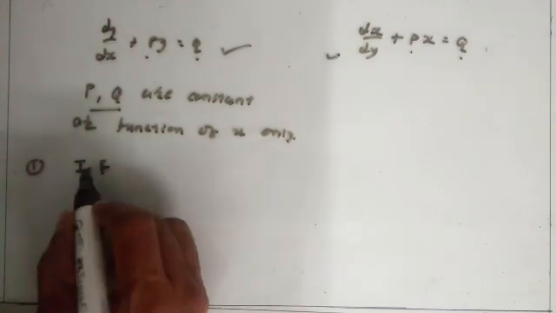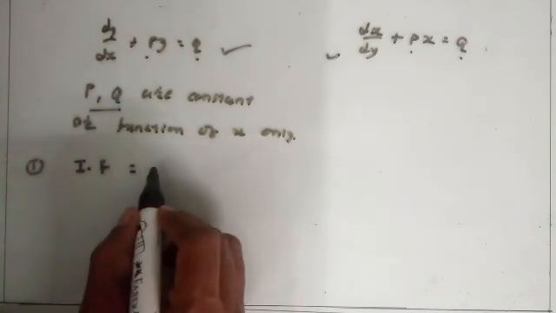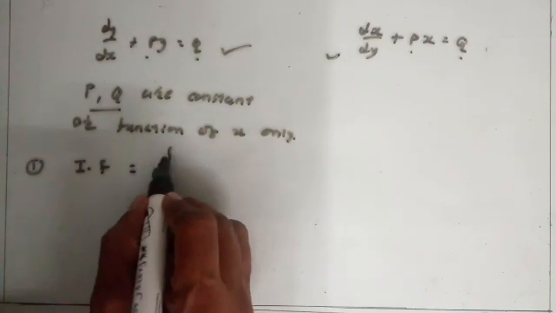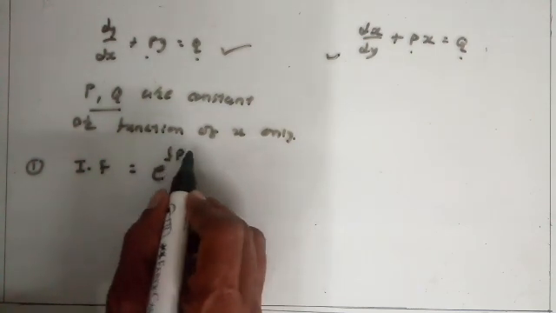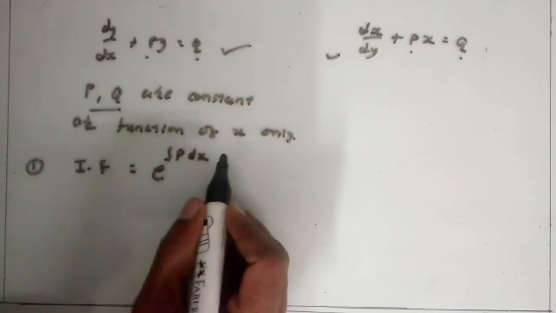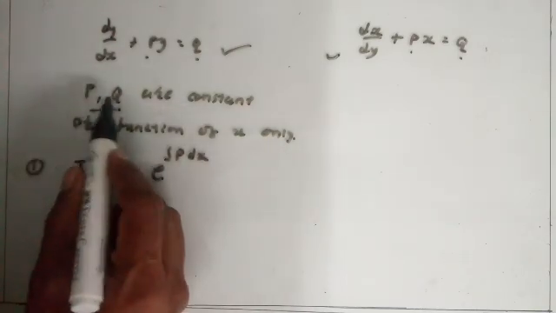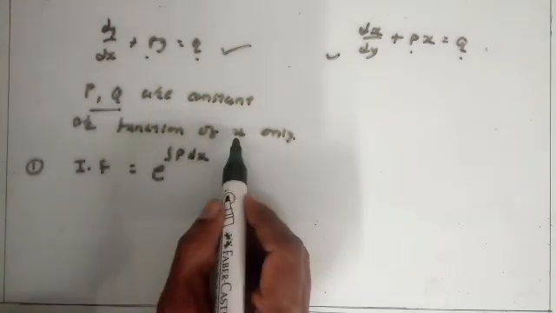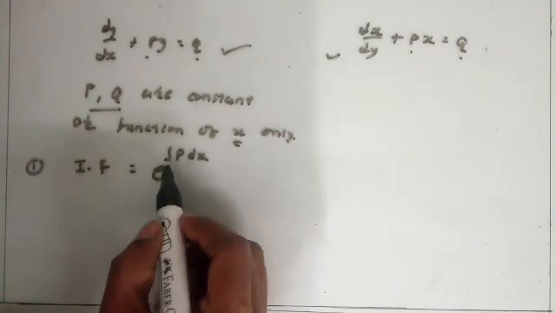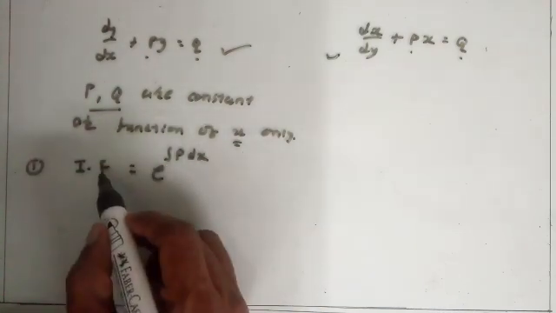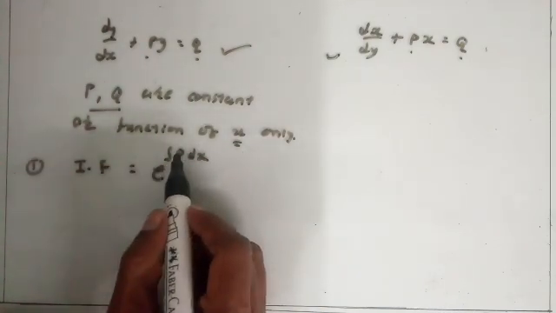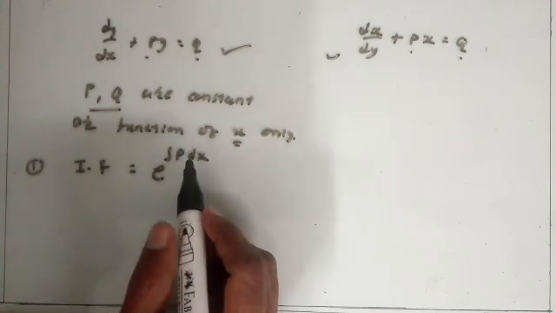Remember, the integrating factor IF is equal to e raised to integration of p dx. Here p and q are functions of x, so the integrating factor is e raised to integration p dx. Clear?